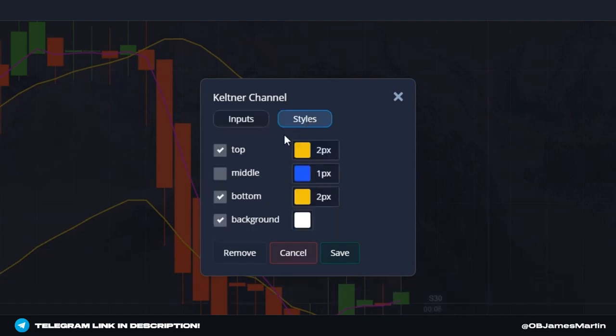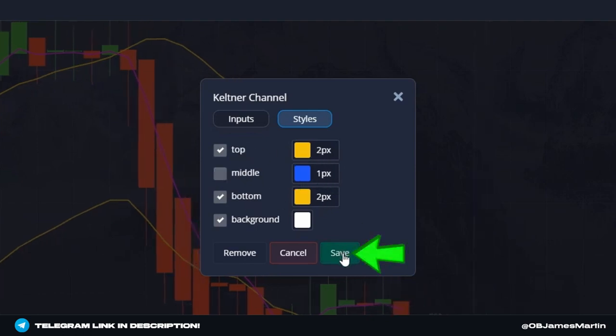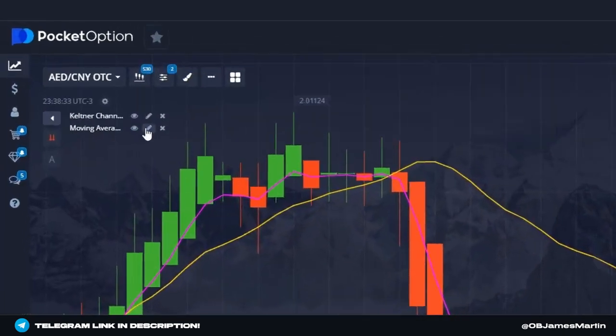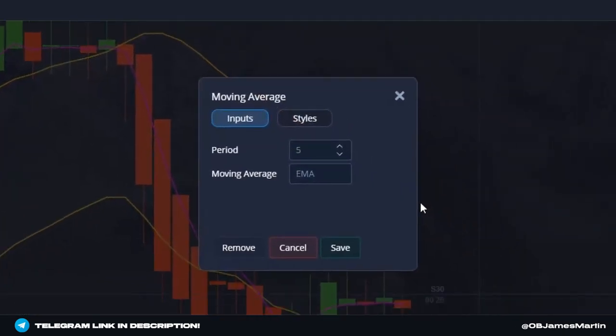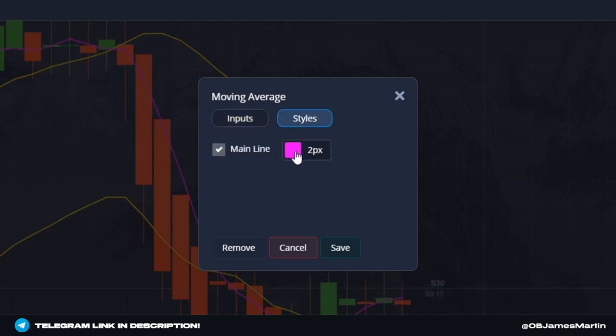I like to use yellow on top and bottom, 2 on thickness, and select the middle. Let's save this. For the moving average, let's use 5 on period and simple moving average. The style I like to use is purple or pink and 2 on thickness.